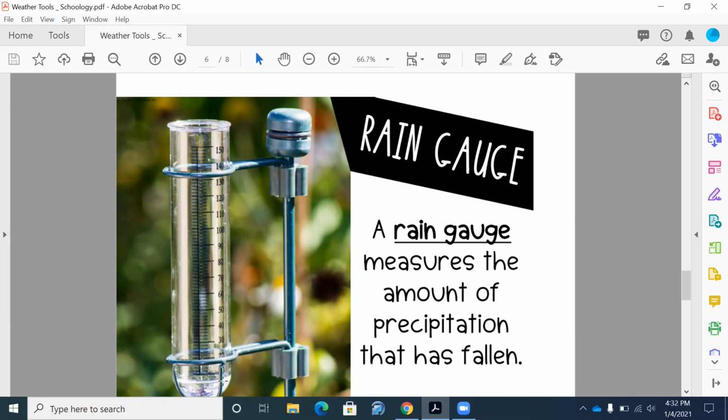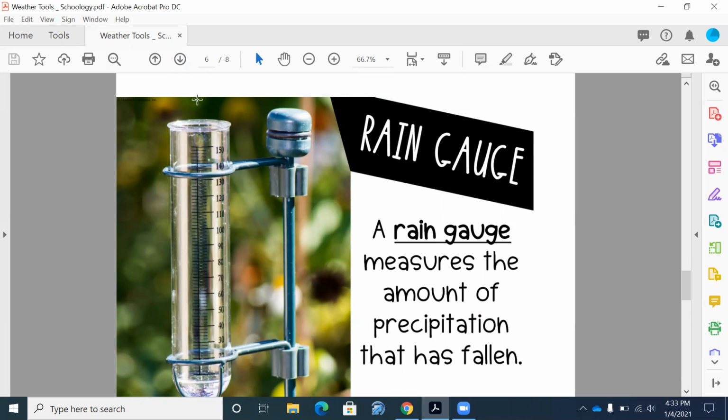So basically we can say 0% chance of rain, and there's not even an inch of rain that happened that day. And we do measure in inches, boys and girls. Really important for you to understand that. This measures how much rain in a certain amount of time. So we would say measure it by an hour.